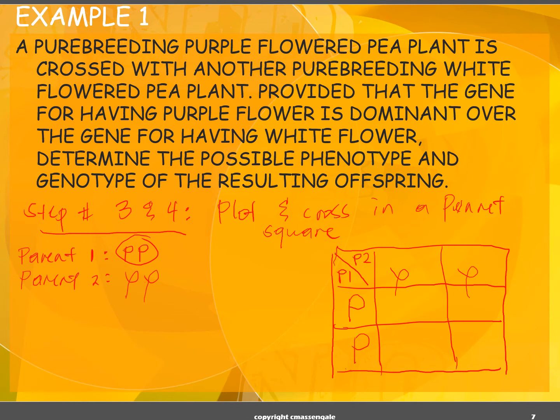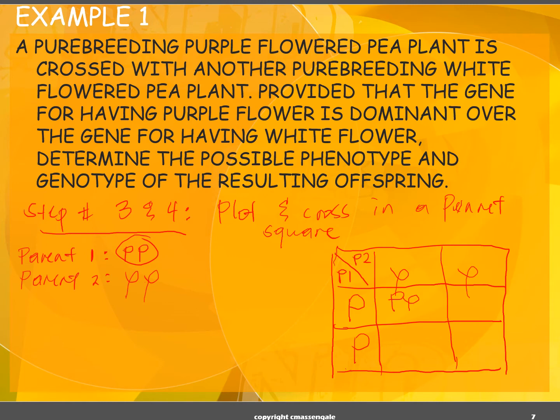Now, let's do the crossing. So we have here capital P and small letter p. We will write down the answer in this box: capital P and small letter p. Take note, class, that in crossing, always write the capital letter first. Now, let's cross this one.